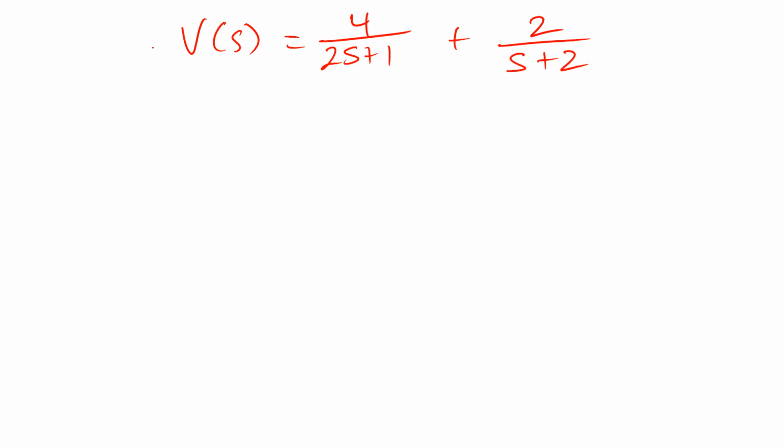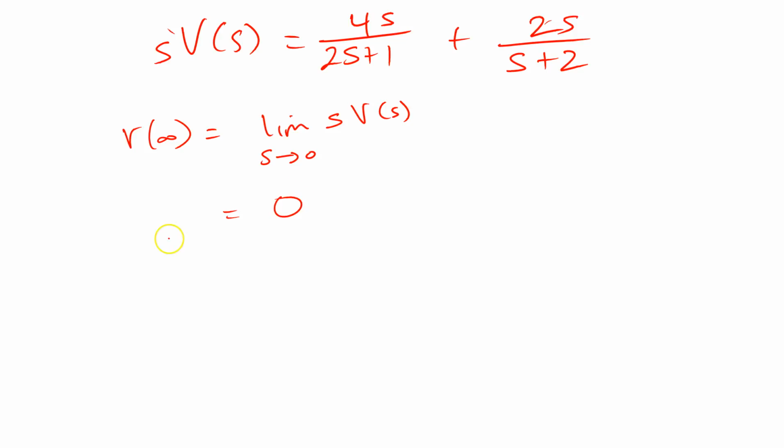If I multiply it by s, and for the final value, if I want v at time infinity, this is the limit as s tends to 0 of s V(s). So if I substitute zeros in here, I will get 4 times 0 over 0 plus 1, and 2 times 0 over 0 plus 2, and it works out to be 0, which is the same result we got before.